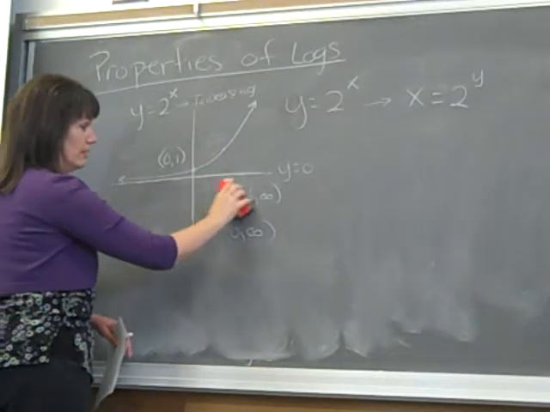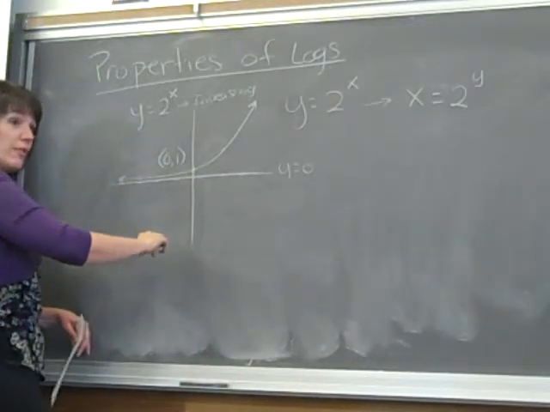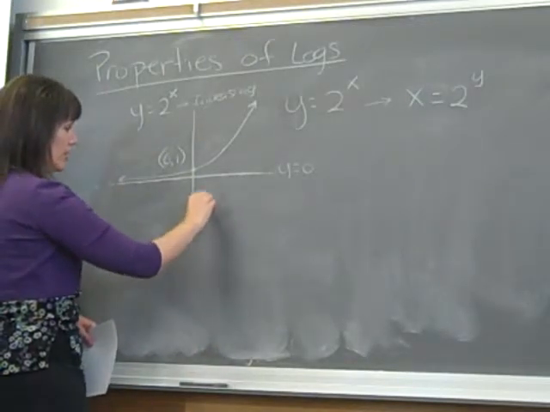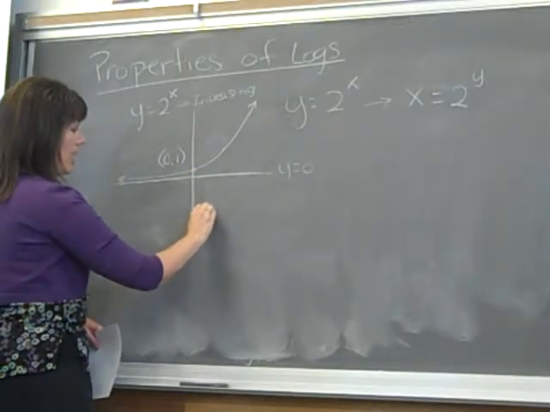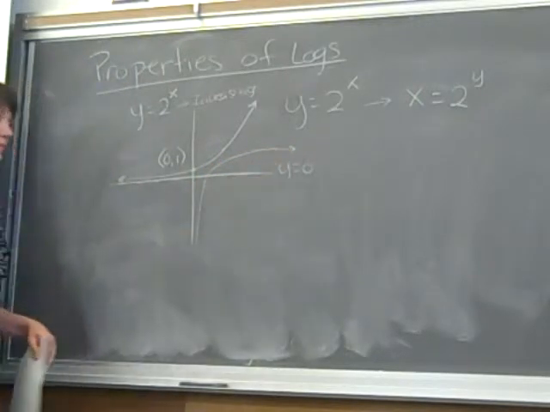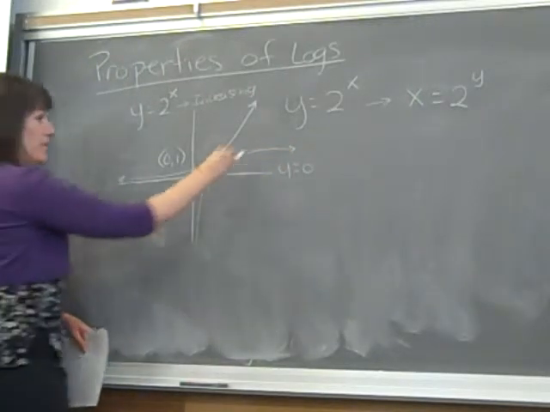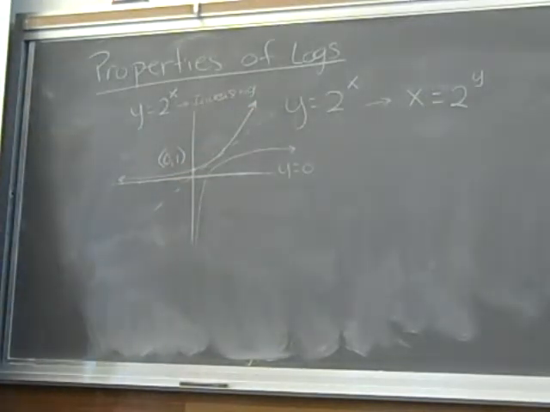Okay, so a logarithmic graph, you guys know what it looks like. It looks something like, and I'm going to try to get this right, something like that, right? Is that symmetric around the line x equals y? Right.